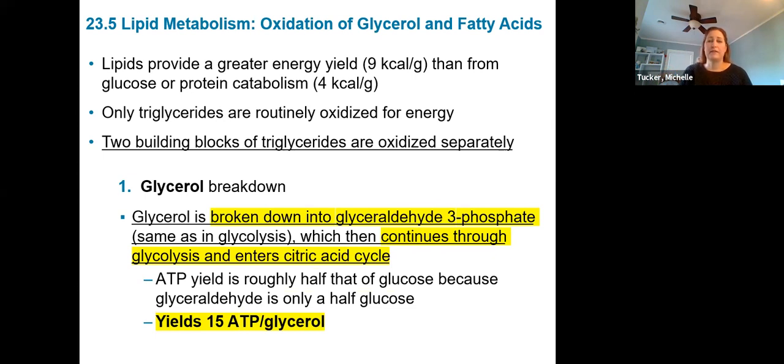Lipids provide a greater energy yield, 9 kilocalories per gram of fat, than glucose or protein, which are both at 4 kilocalories per gram. Fat is the optimal storage tissue. Only triglycerides are routinely oxidized for energy, so they'll be oxidized as your baseline. We like to use them so we can spare glucose. The two building blocks of triglycerides are oxidized separately.